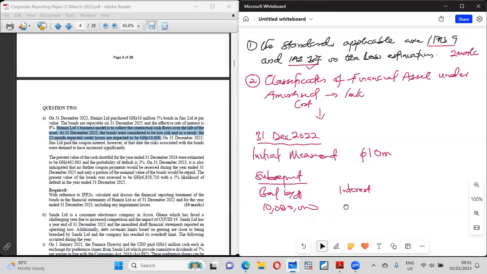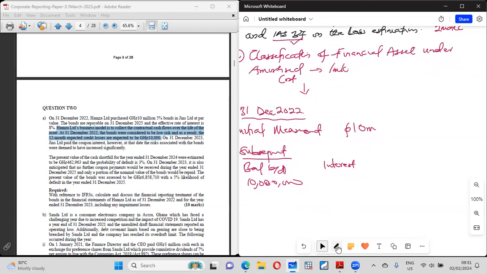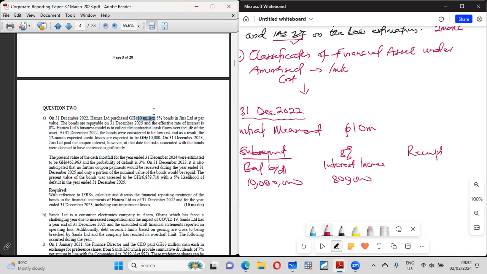So the interest income is at the effective rate. You see, they calculated everything for you. The effective rate is 8%. So 8% of this will be 800,000. Payments or receipts: coupon, 5% on 10 million is 500,000.